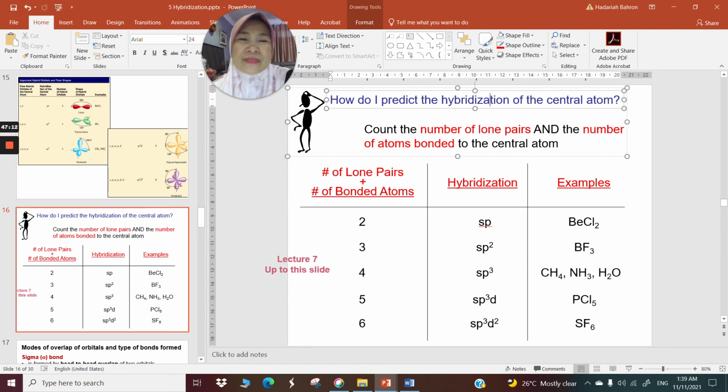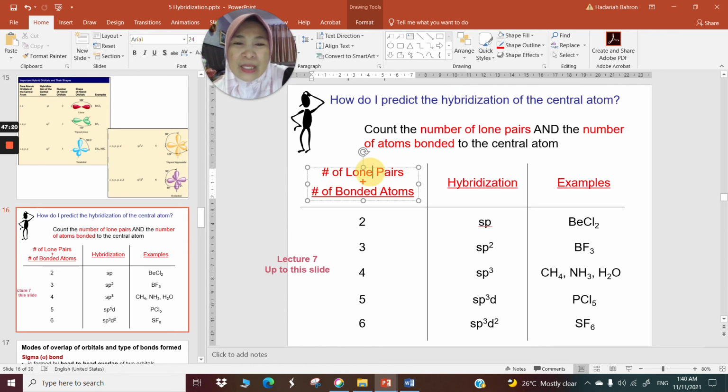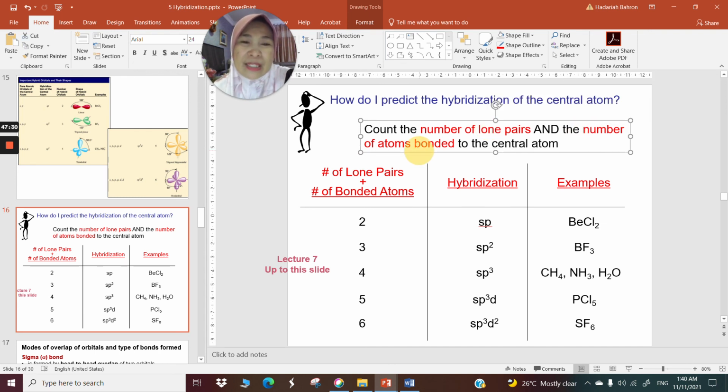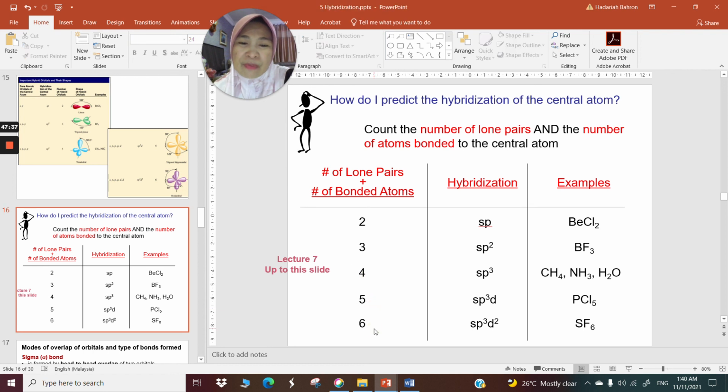For you to determine the hybridization of the central atom, you need to determine how many lone pairs of electrons and how many bonded atoms. So the number of lone pairs of electrons, you add it to the number of bonded atoms, you are going to have either 2, 3, 4, 5, or 6.